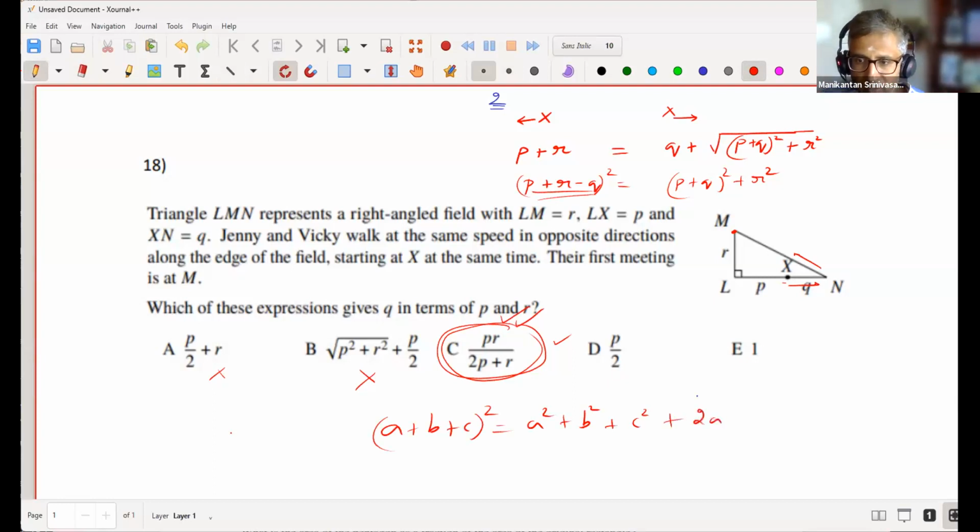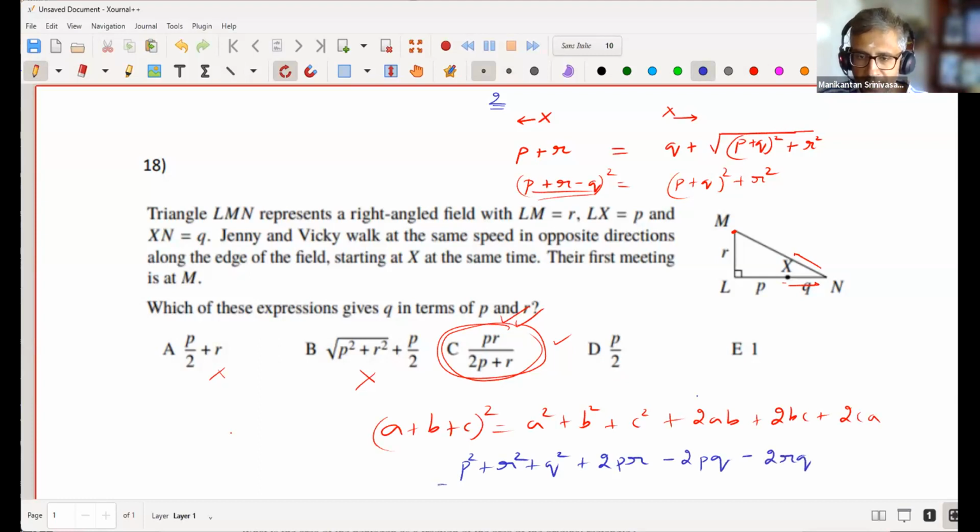Here we'll have 2 of all of the combinations, 2AB, 2BC plus 2CA. So by that logic, this P plus R minus Q gives P square plus R square plus Q square, and then 2PR, and then minus 2PQ, and then minus 2RQ.